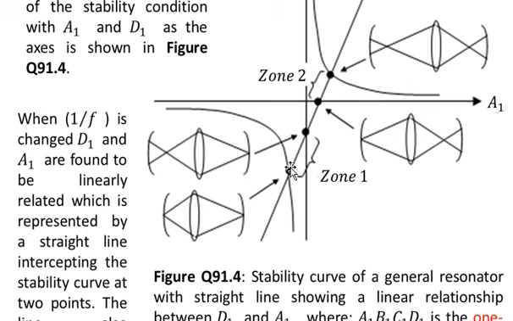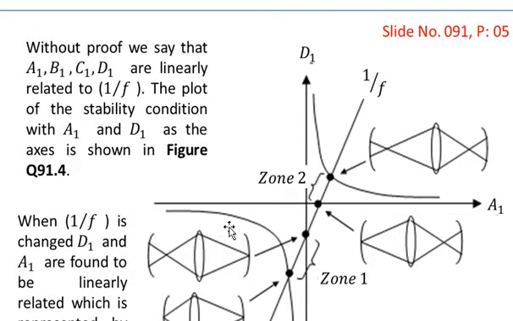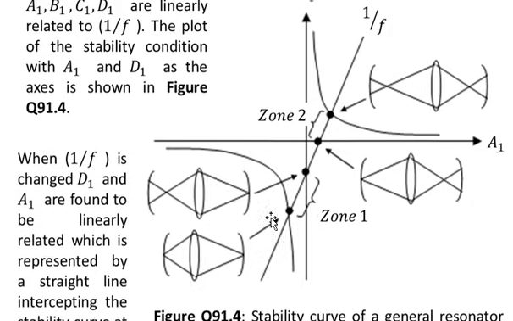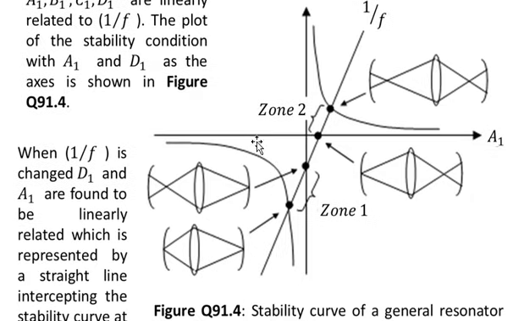So these extreme points of zone 1 lie on the boundary of the instability region, because the stable region lies between these curves due to G1 G2 equal to 1 and these axes, that is the A1 axis and the D1 axis. The region between the curve and these axes is the region where the stability of the resonator is important.